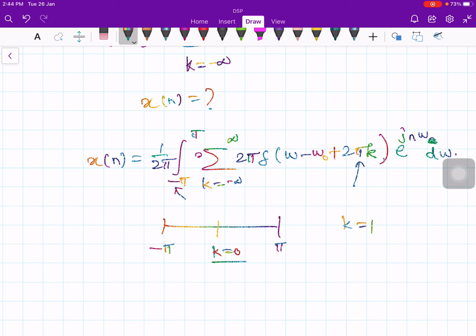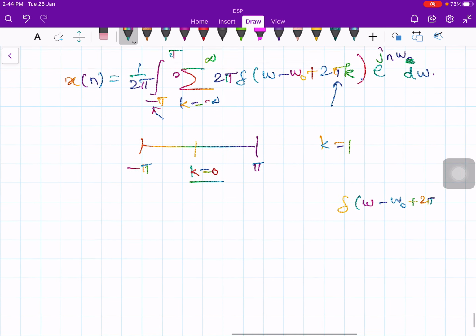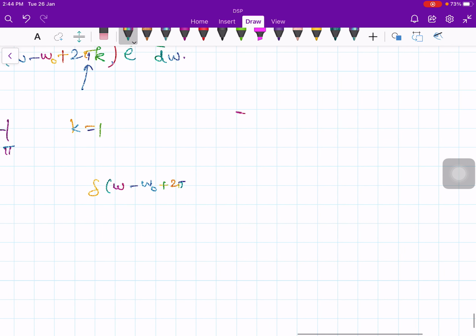Okay, k is equal to 1, then it becomes del of omega minus omega naught plus 2 pi. So in the frequency axis, this is 0 and this is pi, and this will be omega minus omega naught plus 2 pi. This is minus 2 pi, and let's say this is minus pi, and this is omega naught.